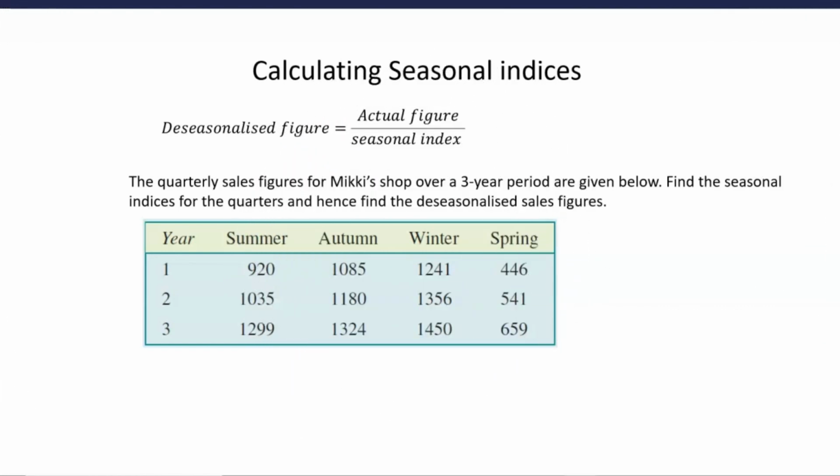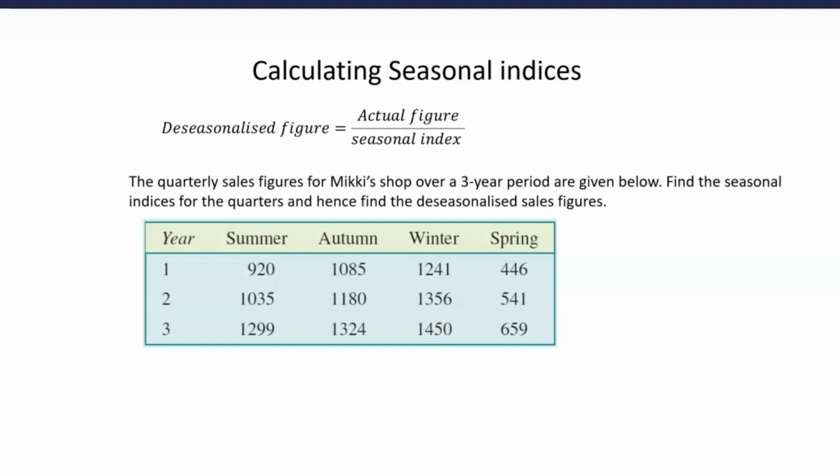Calculating seasonal indices and the seasonalized figures of sales. So this example involves the sales figures for Mickey's shop over a period of 3 years, and we want to find out the seasonal indices, and after that we want to find out the seasonalized sales figures.